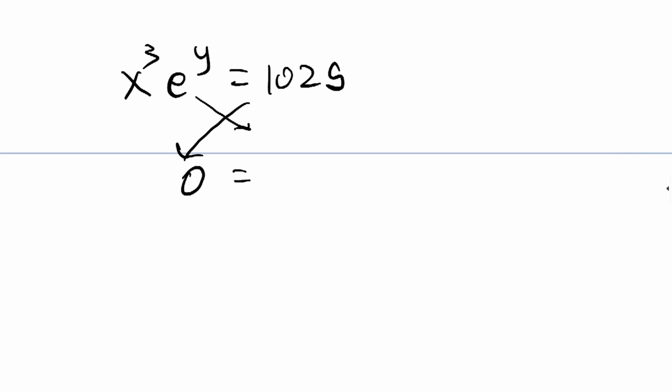So 0 is equal to, now we need to apply the product rule, okay? So derivative of the first times the second. So 3x squared e to the y. Now we don't need to multiply a dy/dx to this part because we chose the first thing to differentiate as x cubed, and that's in the x world, so it's okay.